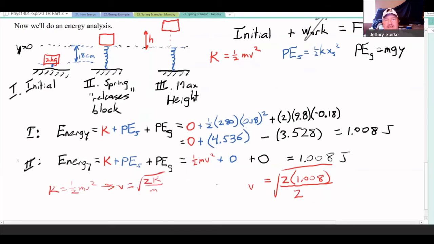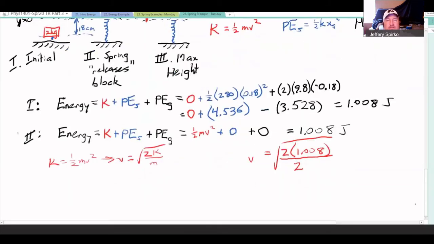You want to practice that until you're good at it because you don't want a little algebra thing to be the reason that you're making mistakes. So now I can calculate this V in condition 2, square root of 2 times that kinetic energy over the mass value equals 1.004 meters per second.